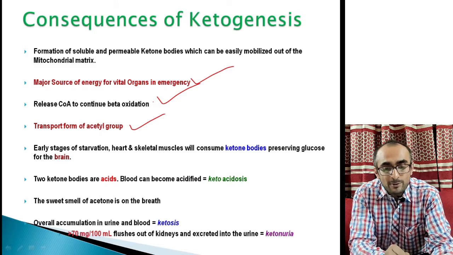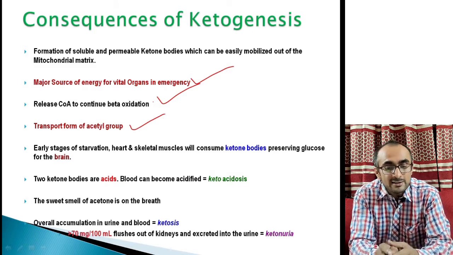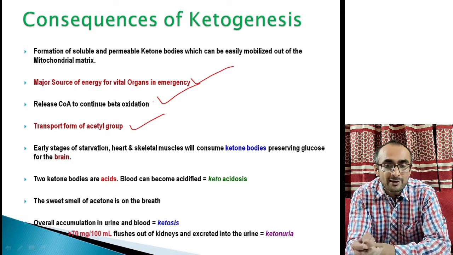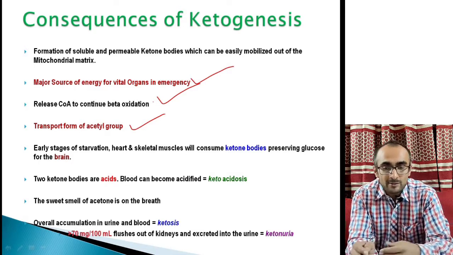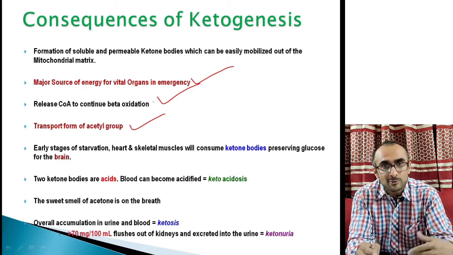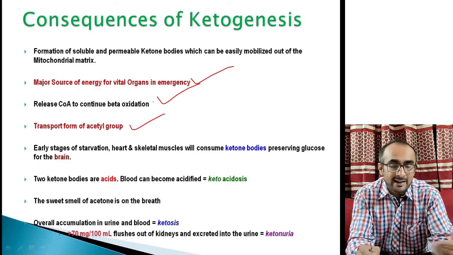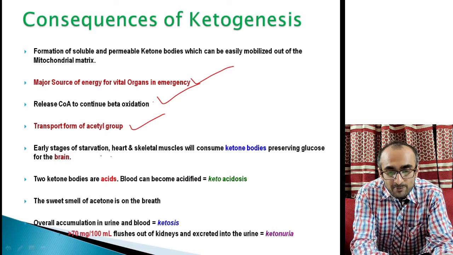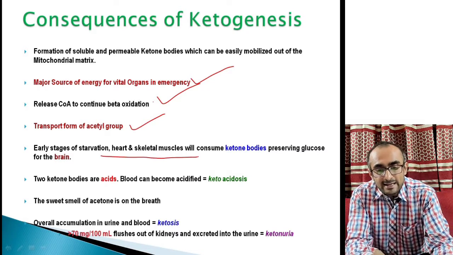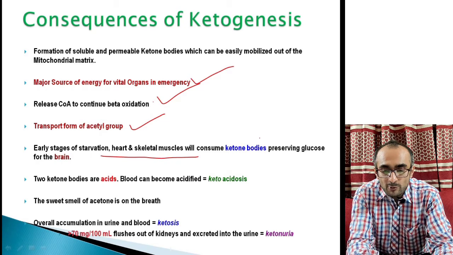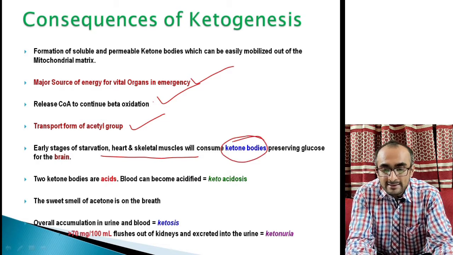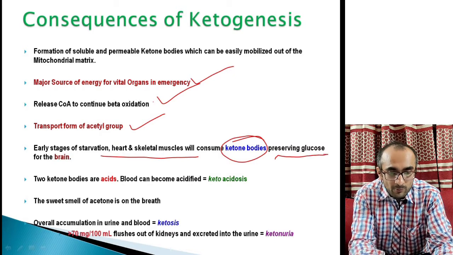Transportation: acetyl coenzyme A cannot be transported. Transportation only occurs in the form of ketone bodies from the mitochondrial matrix to the cytosol, and from the cytosol to the liver, to blood and other tissues. In the early stage of starvation, heart and skeletal muscles consume ketone bodies for energy production, and in that they actually preserve glucose for the brain.